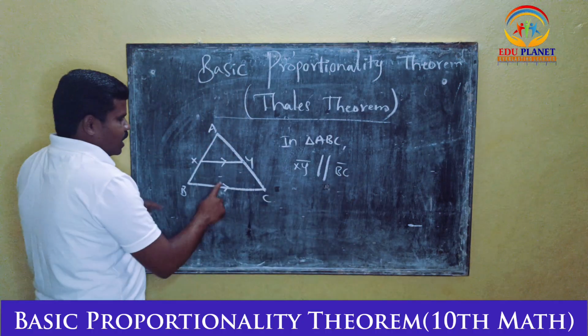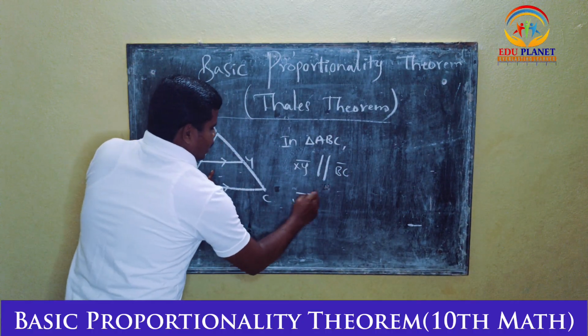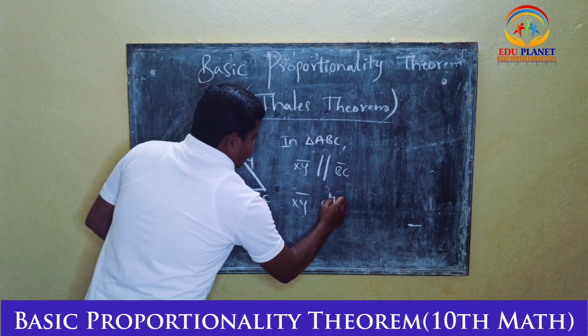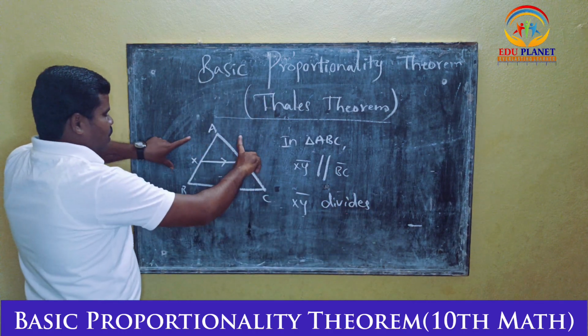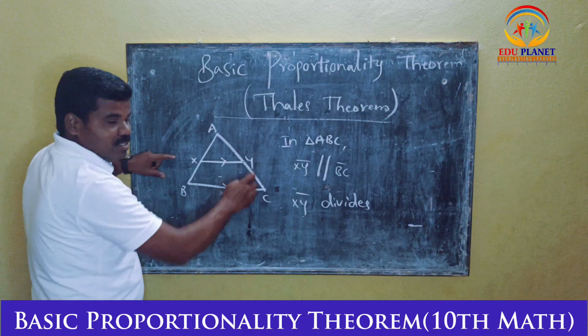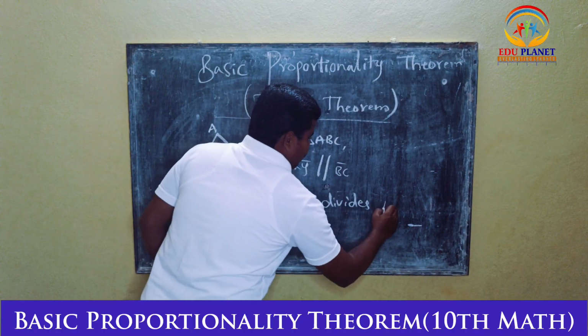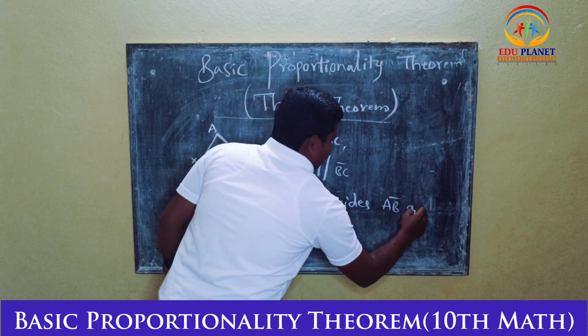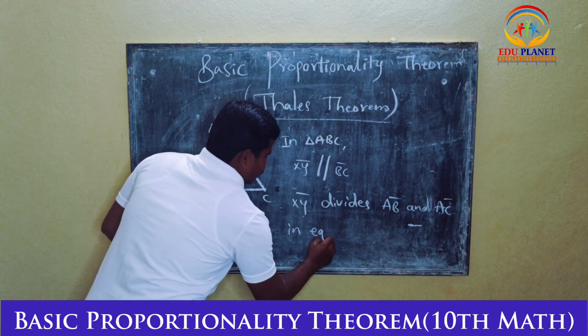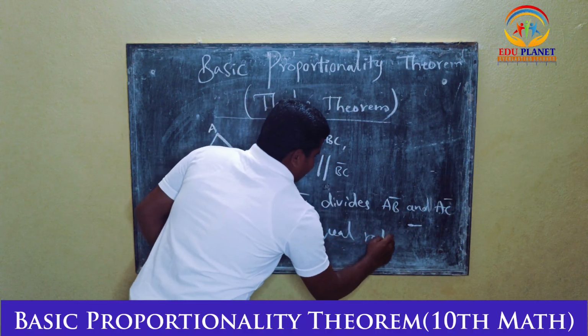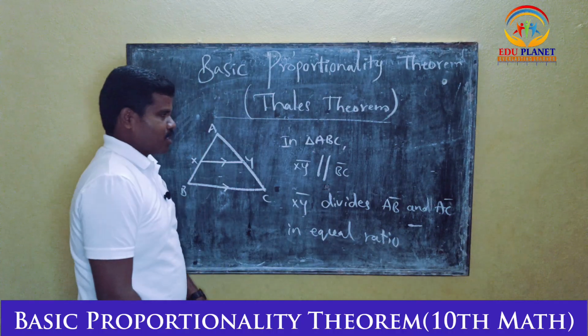Then this line XY divides the remaining two sides. Remaining two sides are what? Side AB and side AC. XY divides the remaining two sides AB and AC in equal ratio. This is known as Thales theorem.